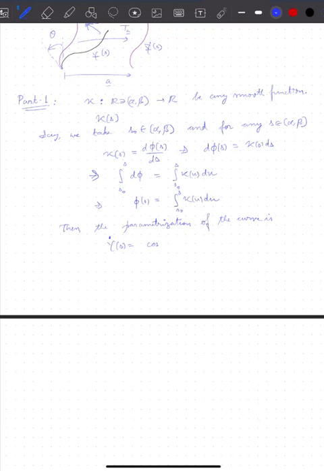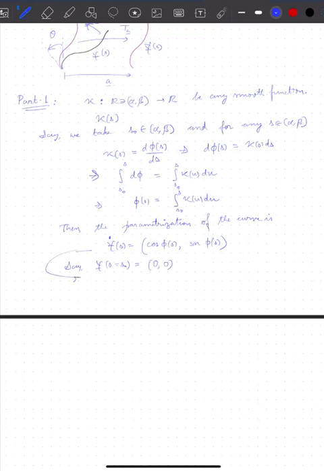This is our tangent, gamma dot of S is equal to cosine phi of S, comma sine phi of S. And then, of course, say we initialize gamma vector at S is equal to S naught. Say this is equal to 0, comma 0.